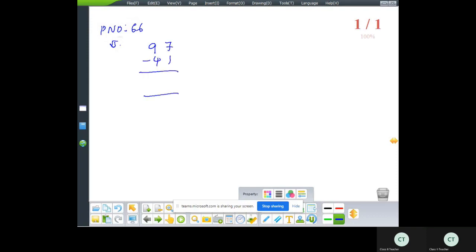It means 41 is subtracting from 97. First we write the place values 1's and 10's.